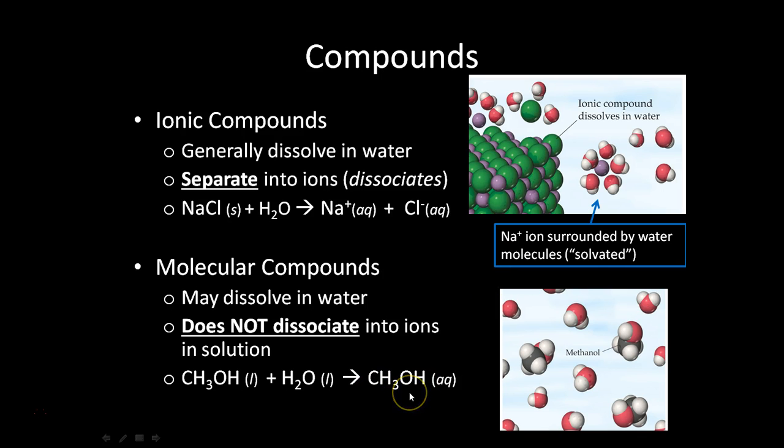So these ions in solution are really, really important, and that is because, for one reason, they can conduct electricity. So if you were to take water and put an electrode hooked up to a battery into water and put the other electrode to a light bulb, you couldn't actually conduct electricity through pure water.